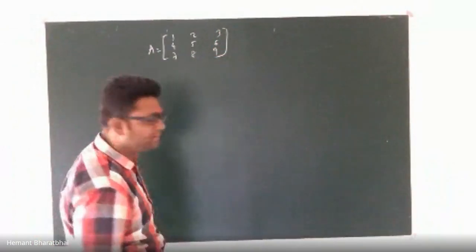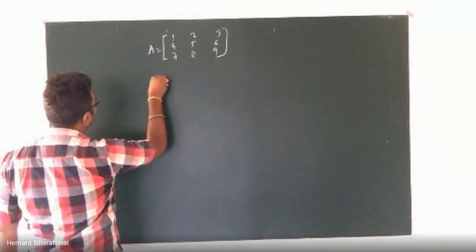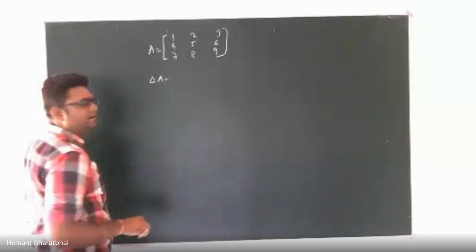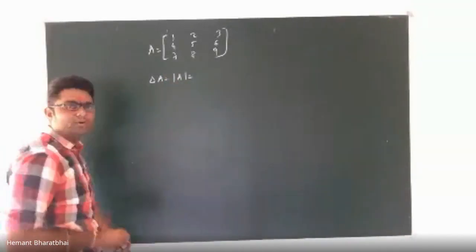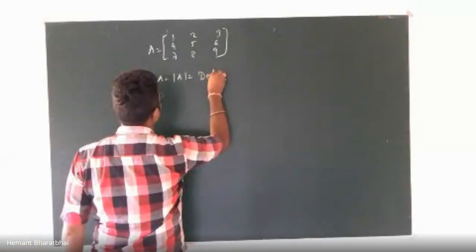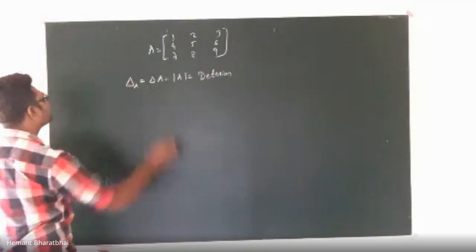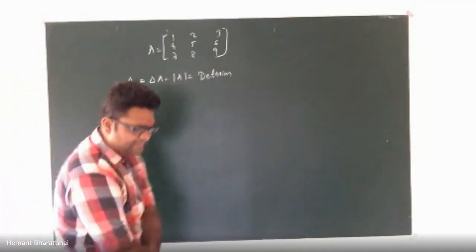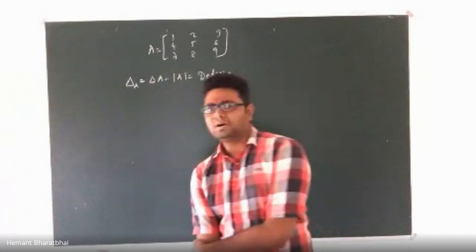The determinant of a matrix A can be represented by delta A, or it can also be represented by this symbol, and many times it is also denoted by delta suffix A, or delta A, or mod of A.